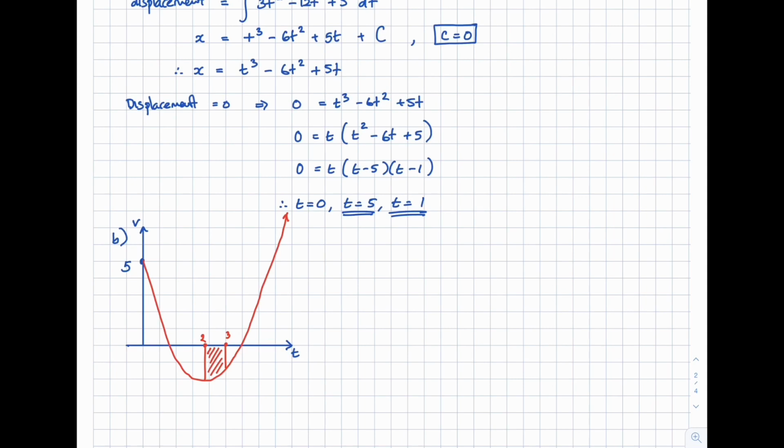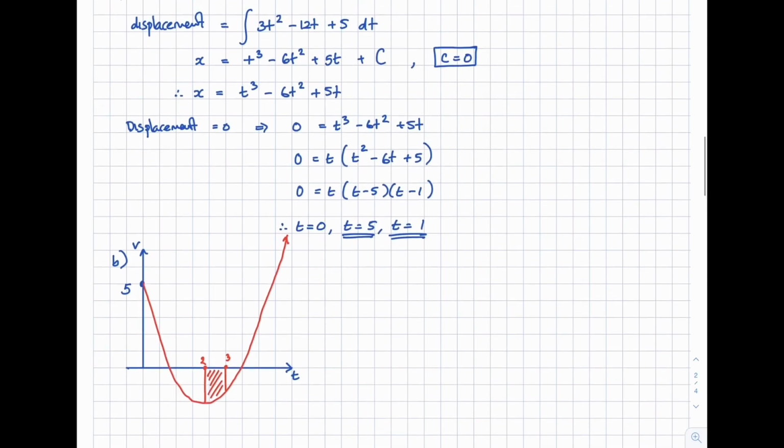Well, we will calculate this area by integrating the velocity function in terms of t, which we did in part A, and we're going to use this result. So this result over here, we're going to use that to help us determine what this area under the t-axis is. Now the limits are going to be 2 and 3.